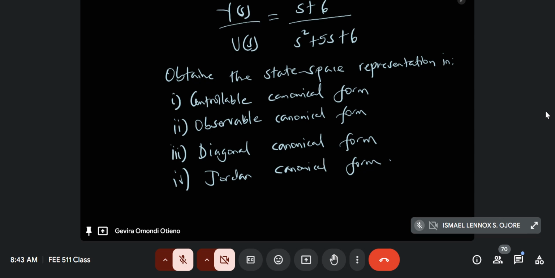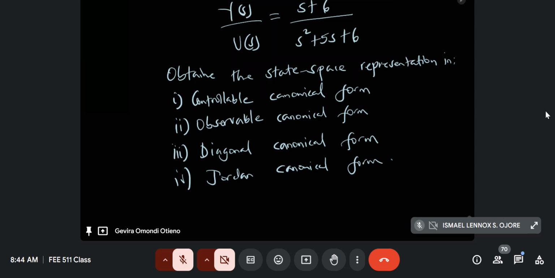For those who have been attending previous classes, there is always that caveat: before you start converting from transfer function to state space representation, you must look at the transfer function itself and note whether it is one of the two types that we talked about. Meaning, do we have a constant term in the numerator, or do we have a complex term in the numerator?